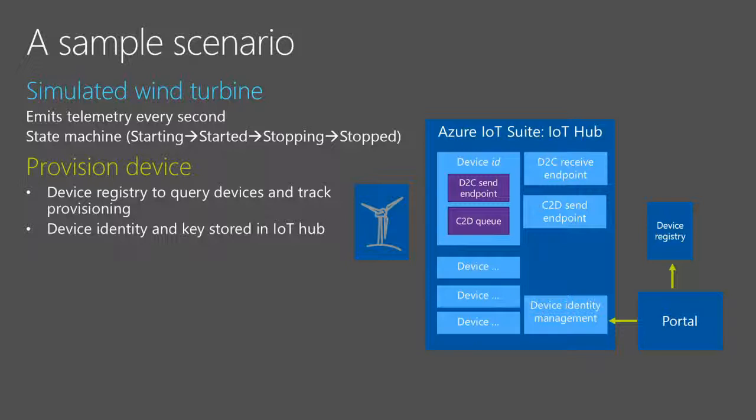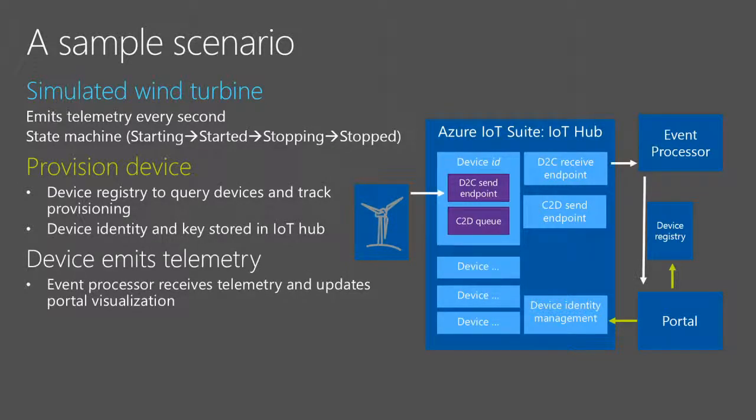It also notifies the device identity management of this turbine identity and of the security credentials. The simulator then, once the identity is in IoT Hub, can connect using the correct credentials and starts emitting telemetry.